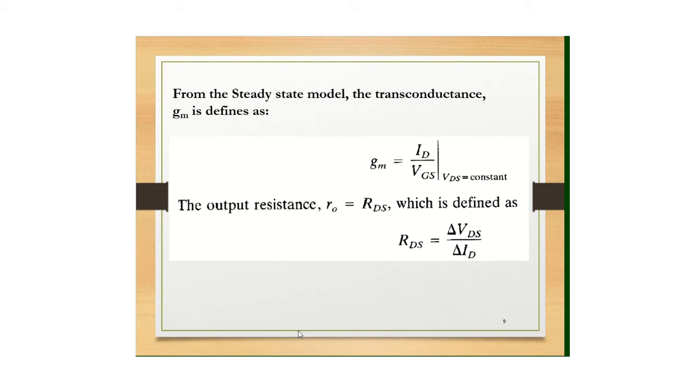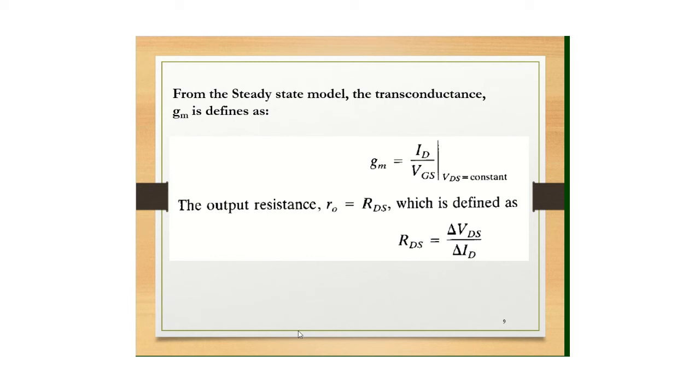And the output resistance, all these are relations, please note down. The output resistance R0, also given by RDS, is defined as the ratio of VDS by ID. In pinch off region, this output resistance is typically on the order of mega ohms, while in a linear region, it is on the order of milliohms.